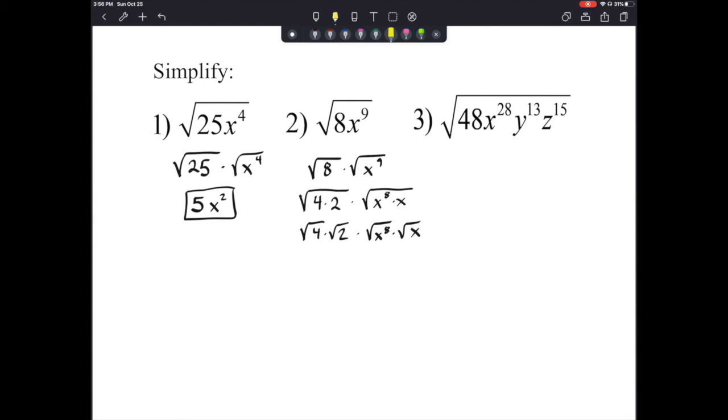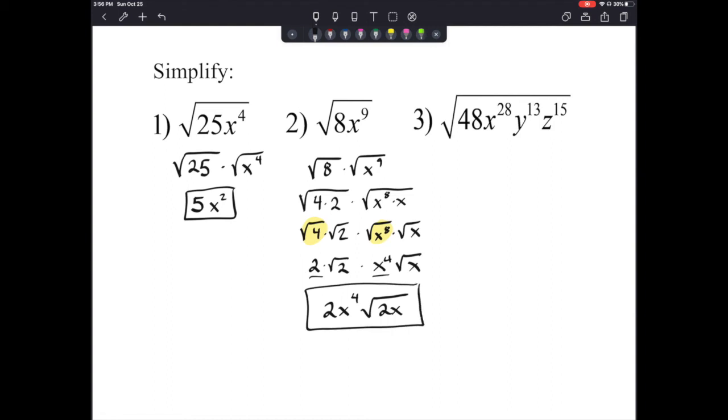We've got two perfect squares, this one and this one. So square root of 4 is 2. Square root of x to the 8th is x to the 4th. And then we have a square root of x. We'll just take our things that are on the outside, put them together: 2x to the 4th times the square root of 2x. And that is our answer.